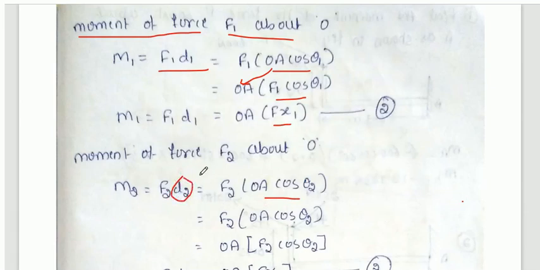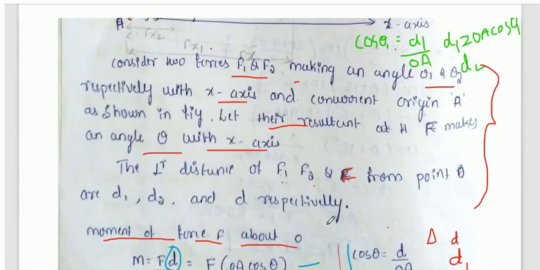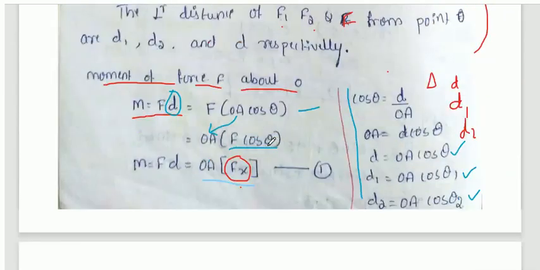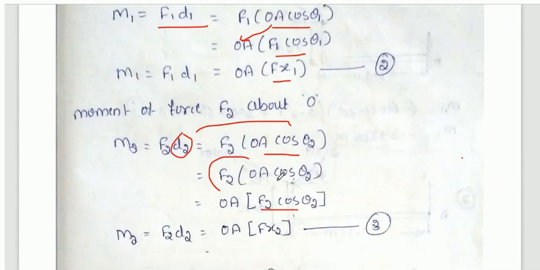Just take OA outside and the remaining F2 cos theta 2 is your Fx2. So you can write it as OA into Fx2.